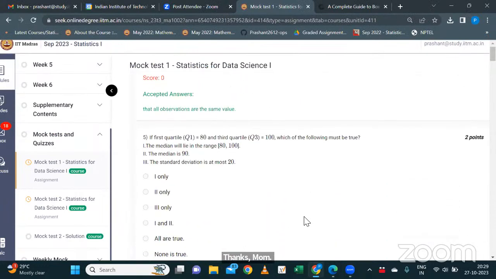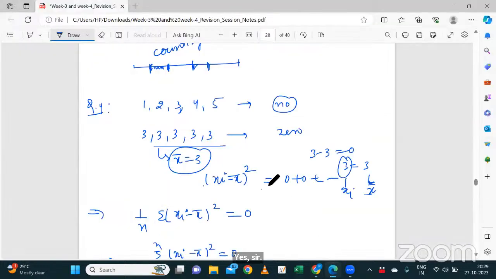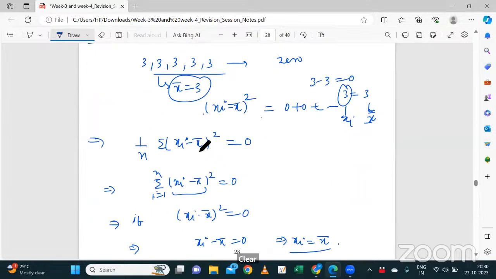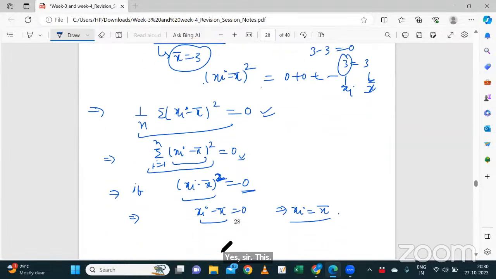Okay, so before question number 5, please repeat that. Which one? This one, 1 by n. So basically, when will it be 0? If I'm saying summation of these things will be 0, when summation of square terms will be 0, when square terms are 0, so when squares will be 0, when xi minus x bar will be 0, that means we can simply say xi equal to x bar.